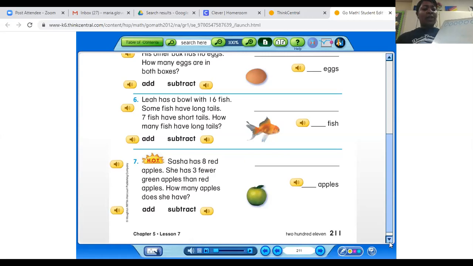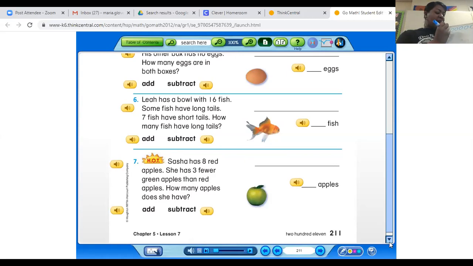Okay, so let's see. 8 minus 3. So if I have 8 and I take away 3, I have 5. Okay, so that means that she has how many green apples? How many?